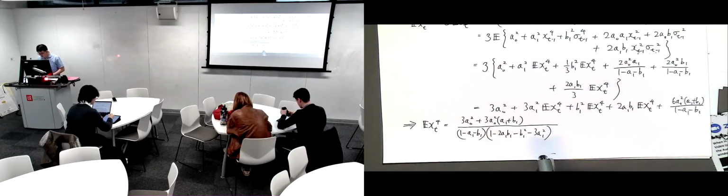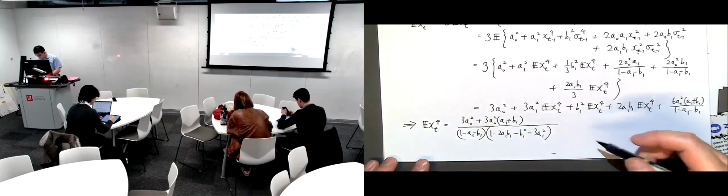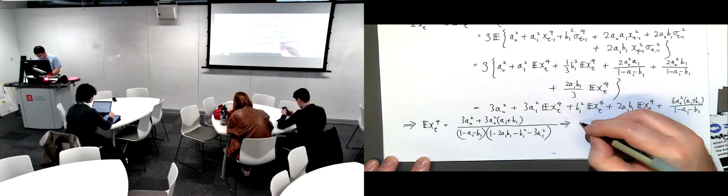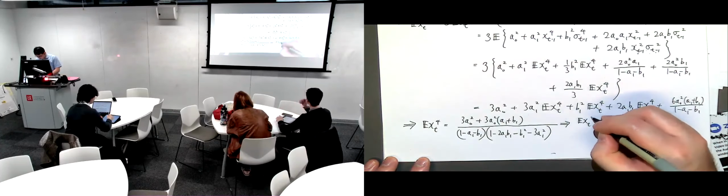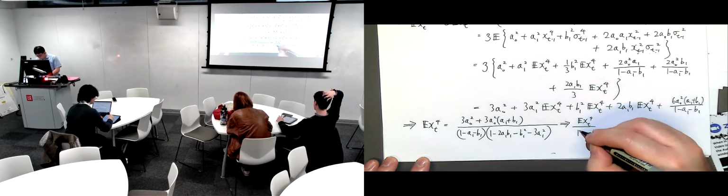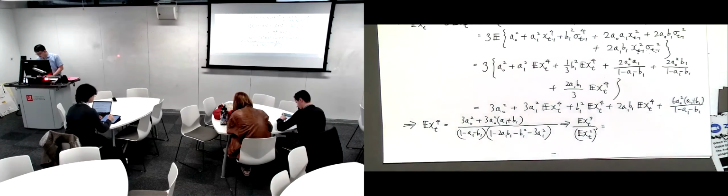So if you divide it by x to the power 4 divided by the square of the variances, that's the kurtosis, right?